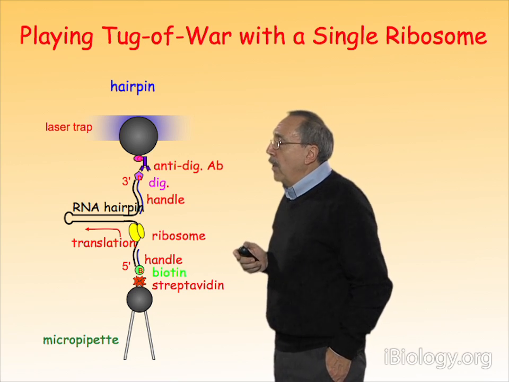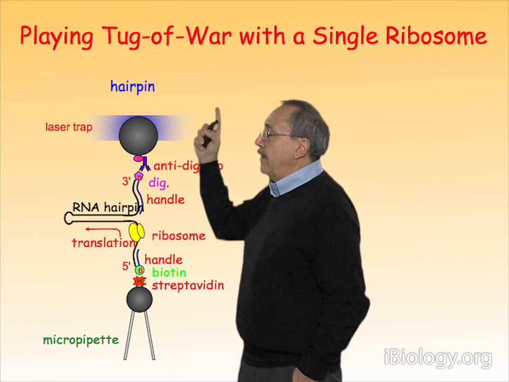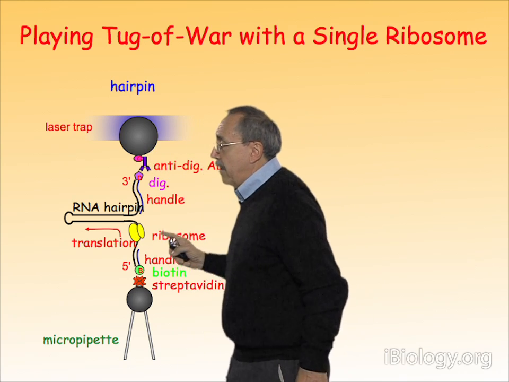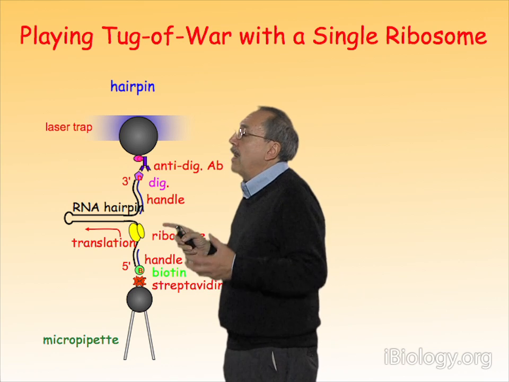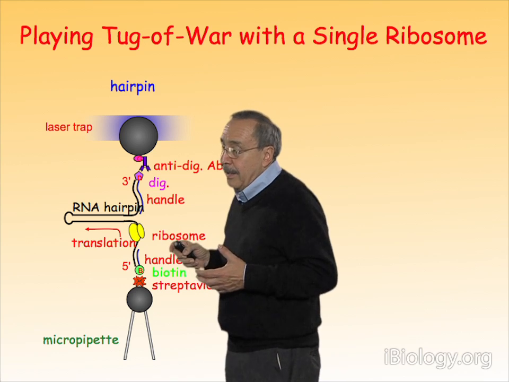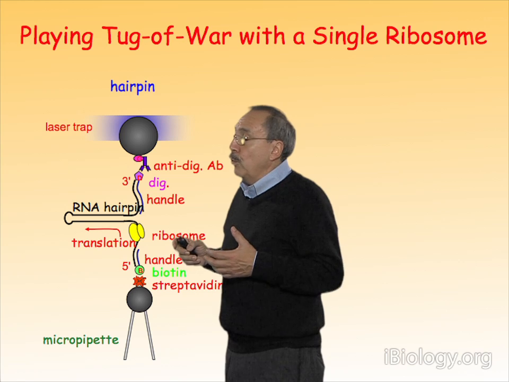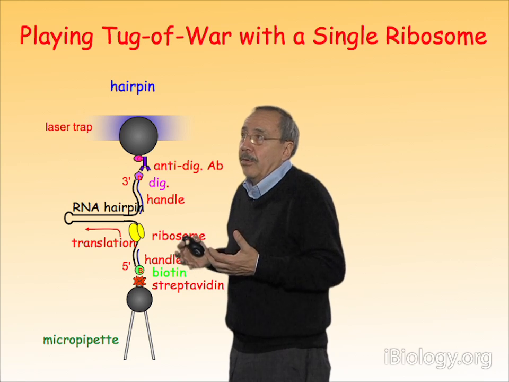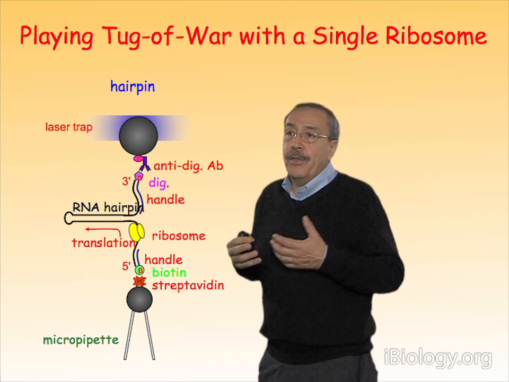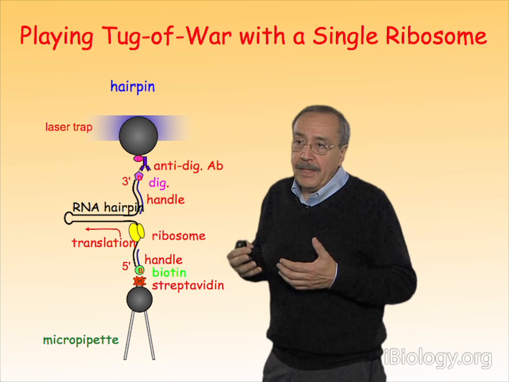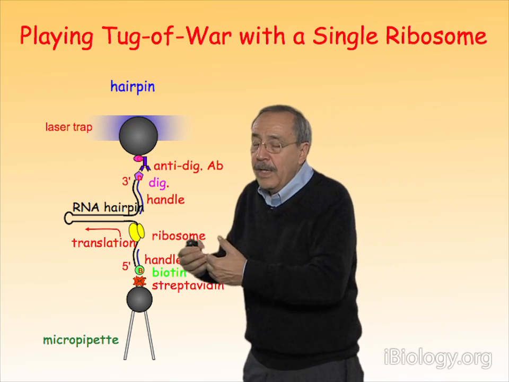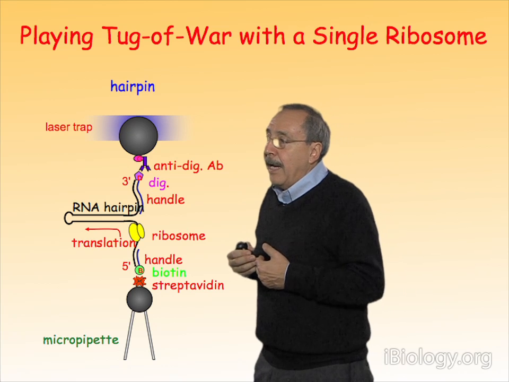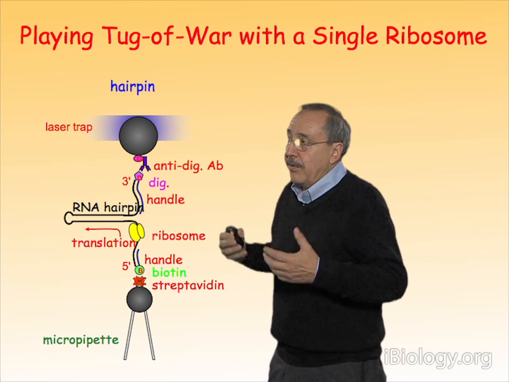Well, you may want to be able to play tug-of-war with a single ribosome, because notice that in this experiment, we never grab the ribosome directly. In other words, we don't know how much force the ribosome can generate. And it would be very interesting to investigate the ribosome as a molecular motor, namely, how much of the energy of transpeptidation is being used in order to, for example, move against a force or move against a barrier, like it could be secondary structure of RNA.